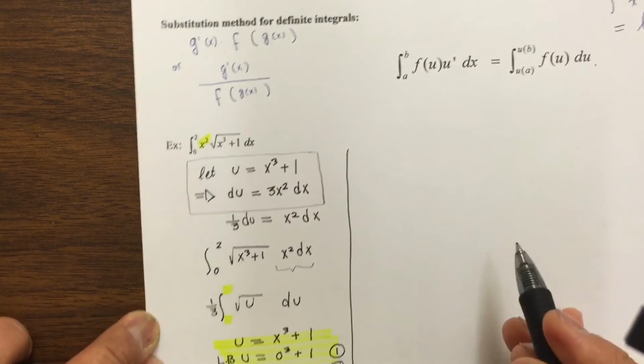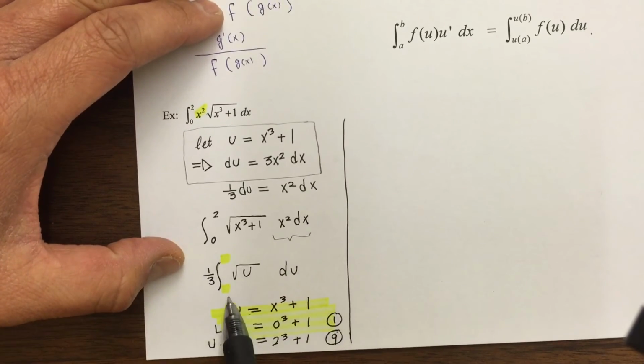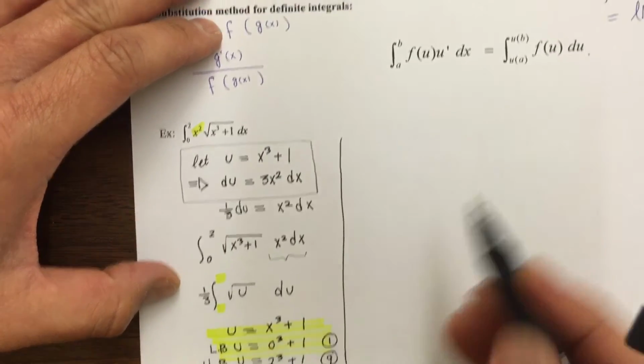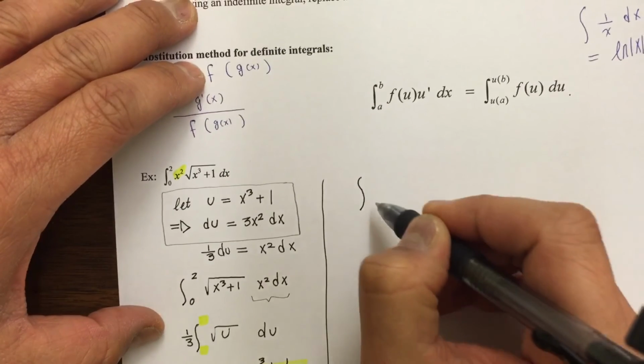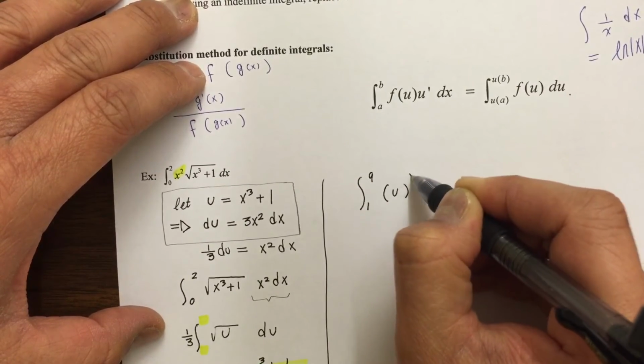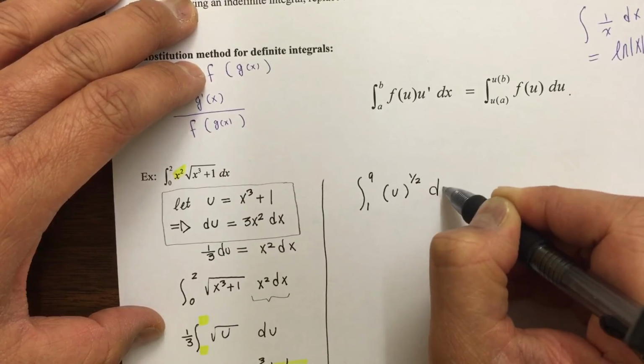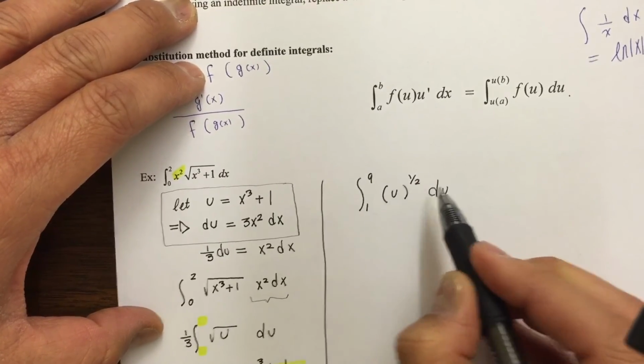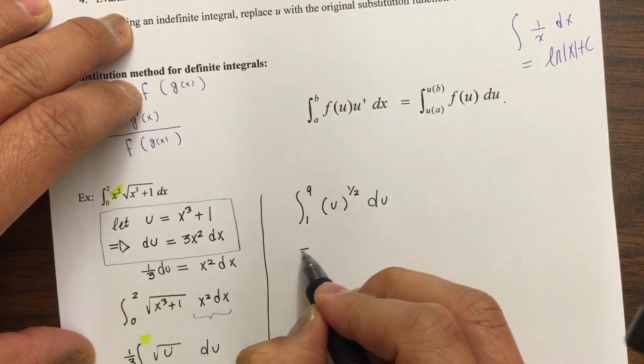So we go back here and I'm going to replace 1 in there and 9 in there. So the integral from 1 to 9, turn that into exponential form, and now we apply the power rule.